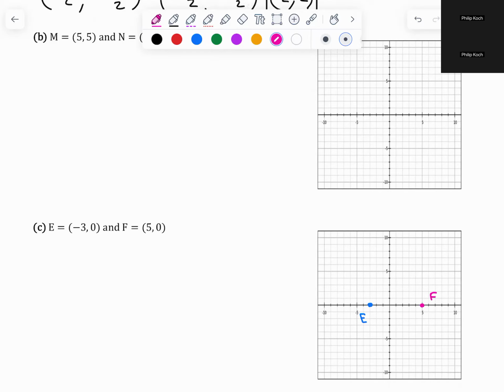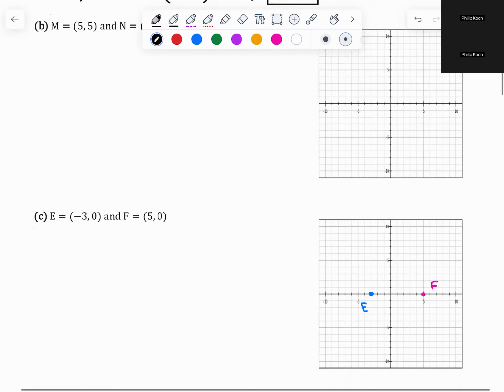So this one, you could just do it by adding them up. The distance is 1, 2, 3, 4, 5, 6, 7, 8. The distance will be 8, but let's verify it with the formula instead. So here's our x sub 1, y sub 1, and x sub 2, y sub 2, though it doesn't matter. If you want to channel your inner Bob Ross and decide to do it flipped around, be my guest.